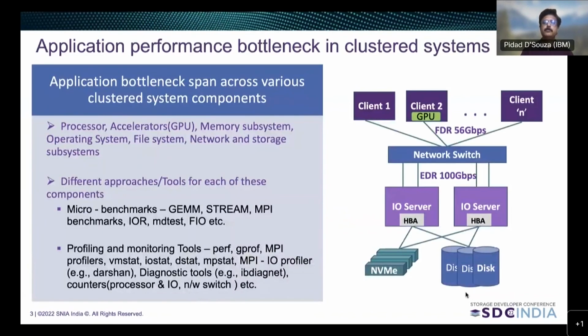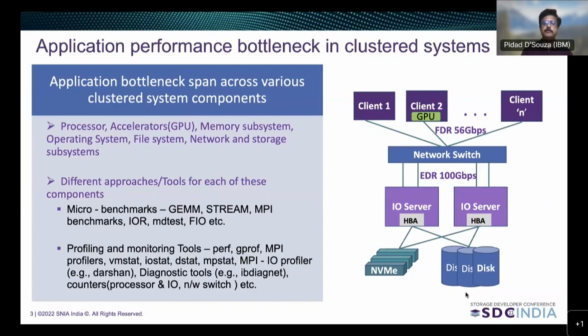On the right side, you see a system architecture wherein storage devices such as disks and NVMes are used by the IO server to create a file system. This file system is exported to the clients, which are running either CPU-based applications or GPU-based applications. These clients access the file system through different Ethernet or InfiniBand network cards.